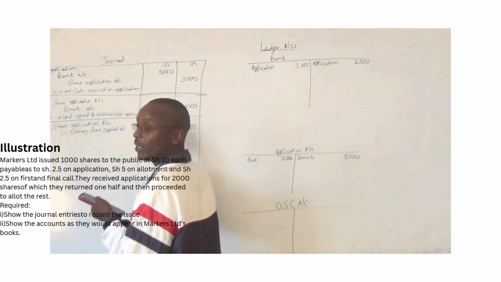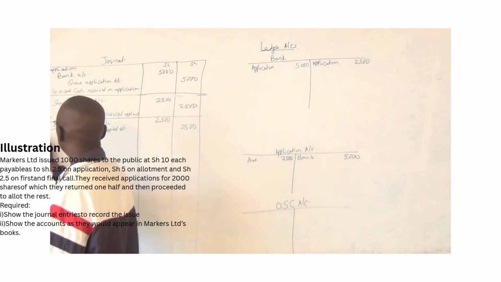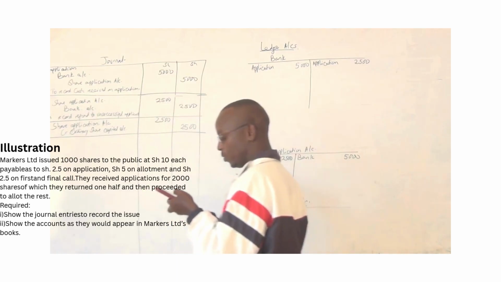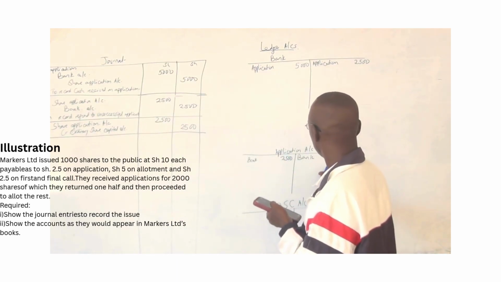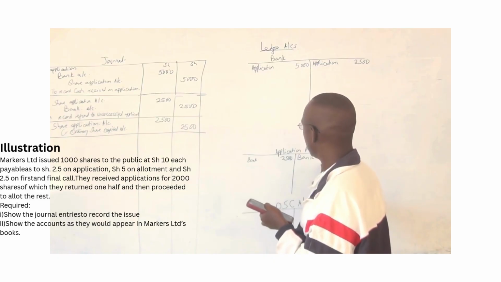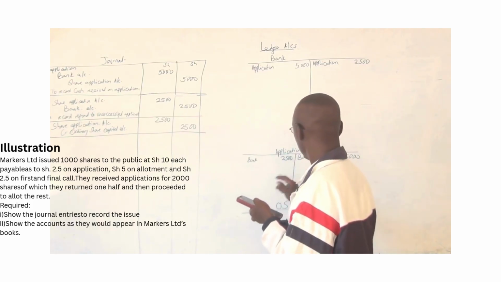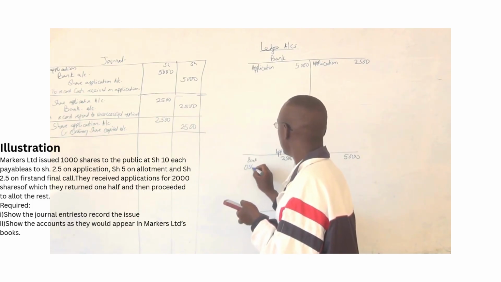This is what has remained after you refunded this. Okay? This share application account, we don't need it anymore. So the amount that has remained here is the one that we are going to transfer to the ordinary share capital.